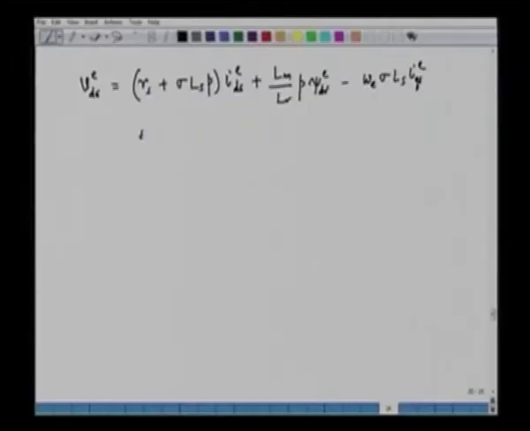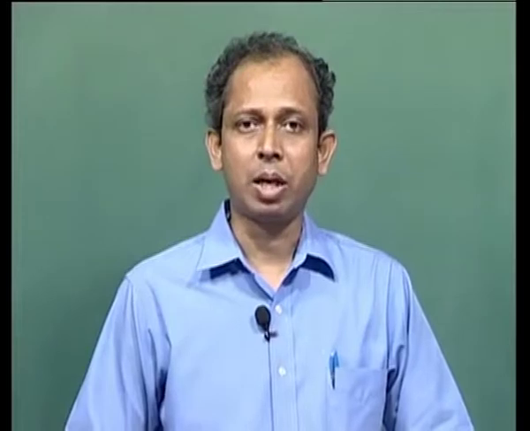Now this equation is basically the equation for the voltage. So we are able to find out VDS from IDS and IQS. Now sigma is called the leakage factor, and that's equal to 1 minus Lm square by Ls into Lr. Lm is the magnetizing inductance, and Ls and Lr are the self inductances of the stator and the rotor respectively.